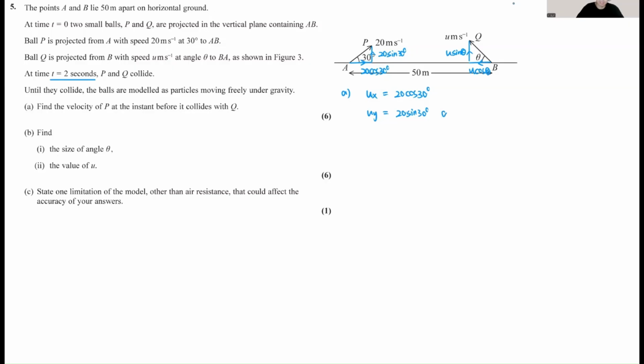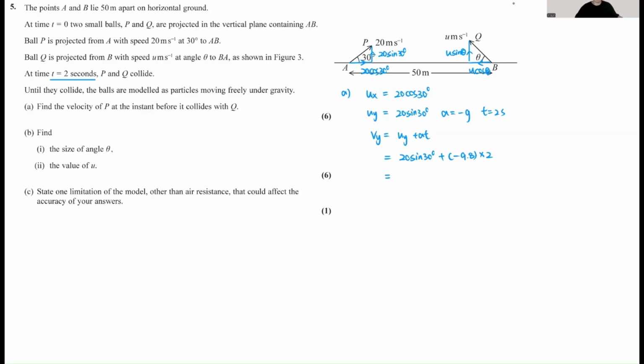So a is equal to negative g. And we know t is equal to 2 seconds. So we can just use v is equal to u plus at. So we know u is 20 sine 30, and then a is negative g, which is negative 9.8, and time t is equal to 2.